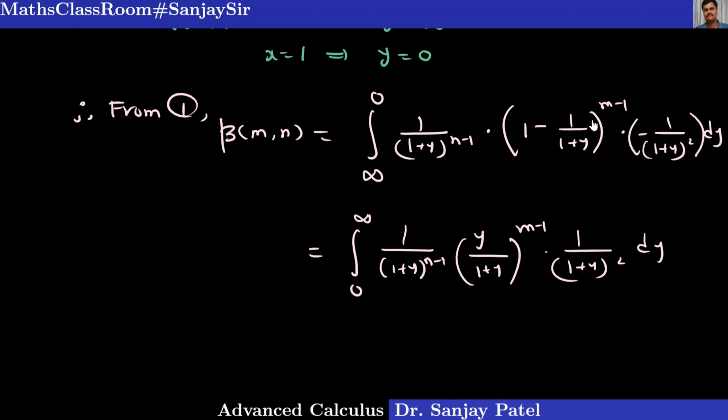Just note that I have removed the minus sign and used it to interchange these limits, because integral a to b is the same as minus 1 times integral b to a.